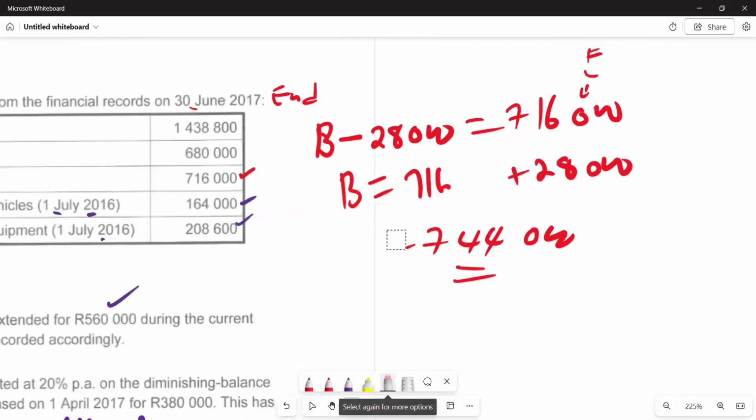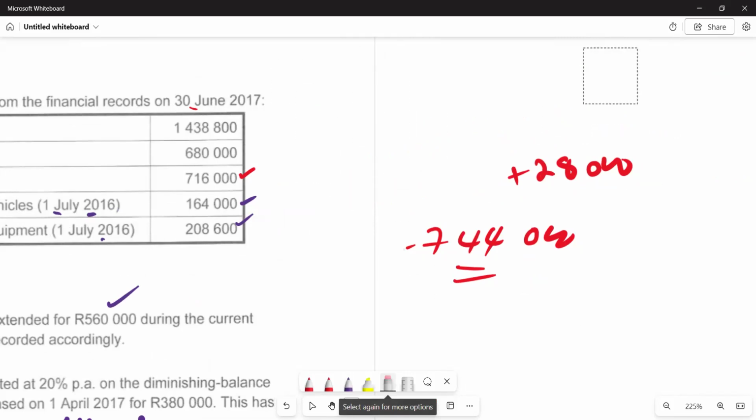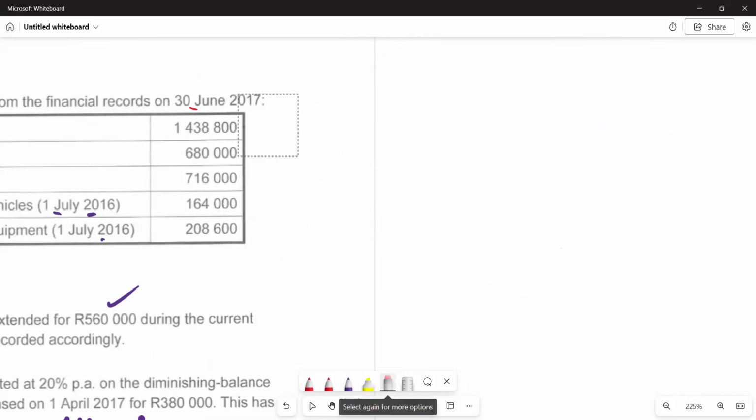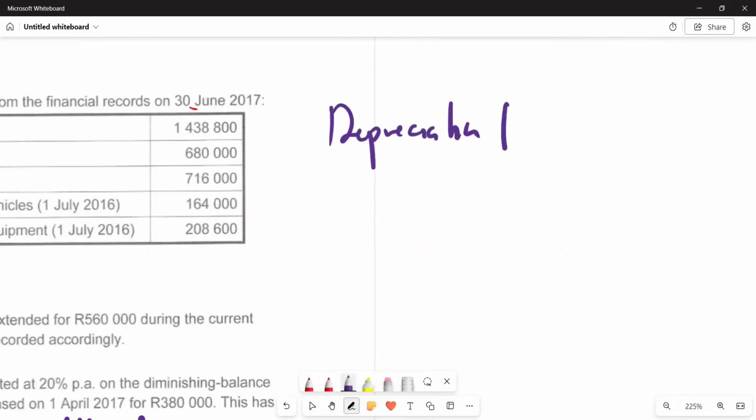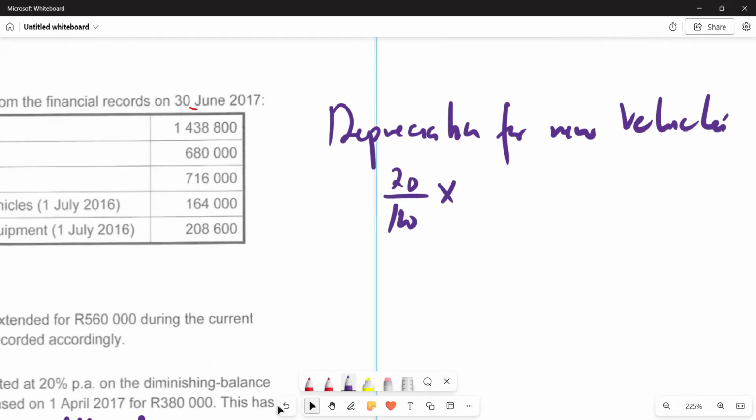So let's just try to create some space. So we are saying depreciation for new vehicle. And we are told that it's 20%. So we are saying 20 over 100. And then we multiply by the cost of that.